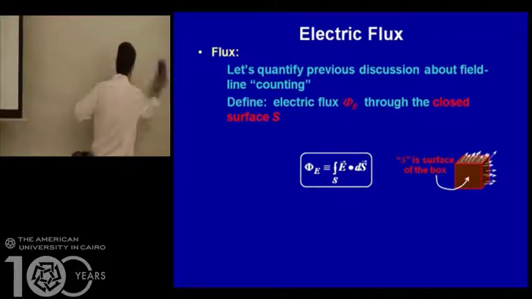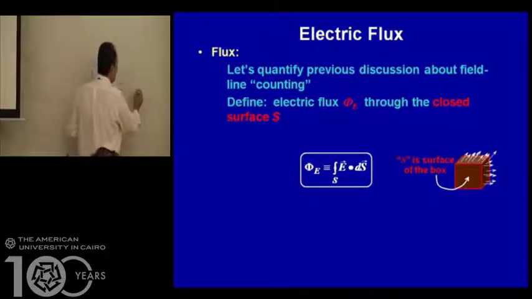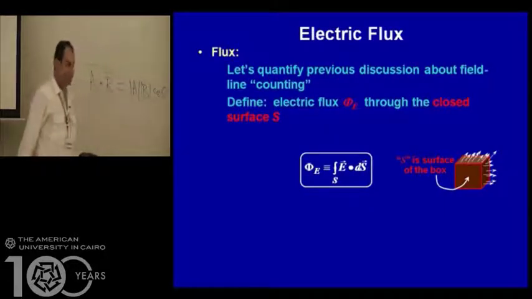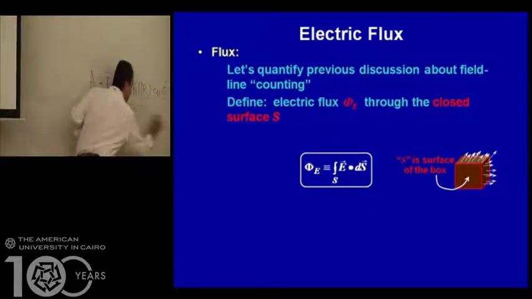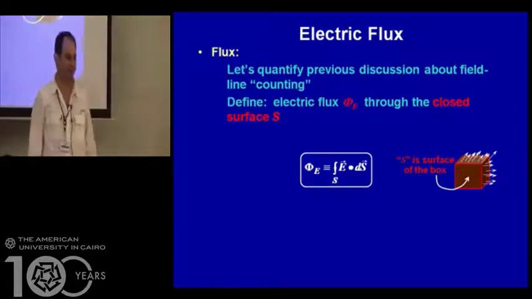If you have vector A dot vector B, the result is A B cosine of the angle between them. Is this quantity a scalar or a vector quantity? A scalar quantity.